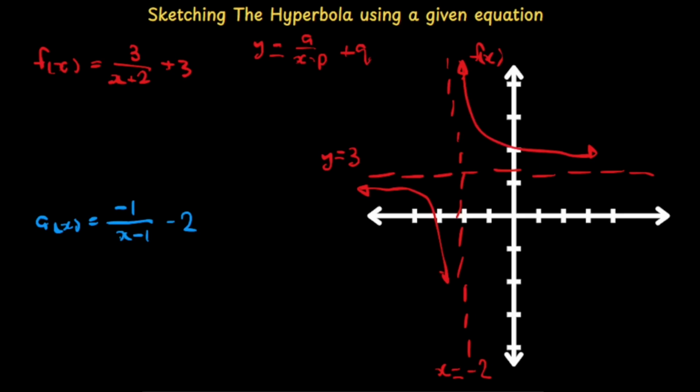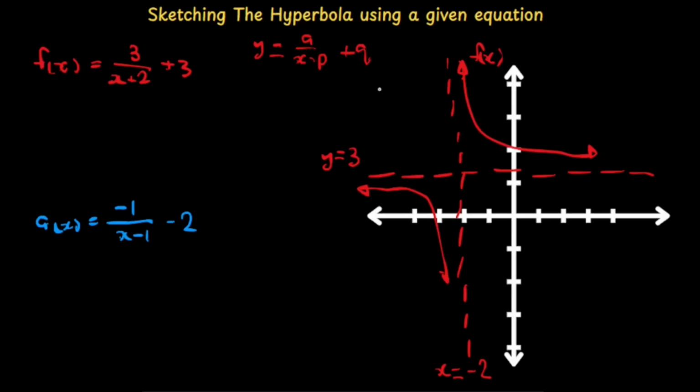Now let's go ahead and look at how we would plot the graph of g. Now, g has the equation g of x is equal to -1 over x minus 1, minus 2. I'm going to follow the exact same procedure in order to plot this function. And that would be simply, I would need to put in my asymptotes first.